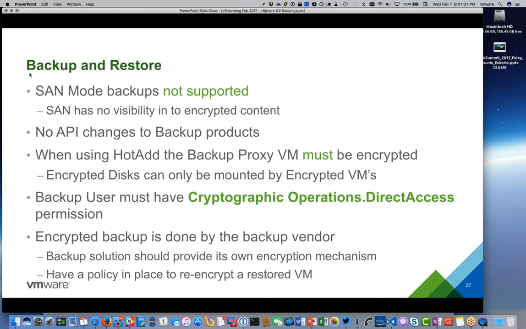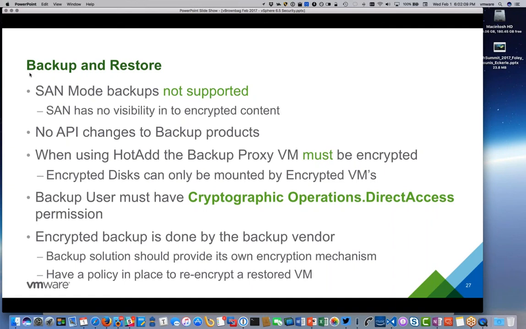A proxy VM does the snap and then mounts the disk locally and then backs up the data that's inside the disk. That VM itself must be encrypted because only encrypted VMs can mount encrypted disks. And then the user in vCenter for that backup user has to have this new Cryptographic operations.Direct Access permission.